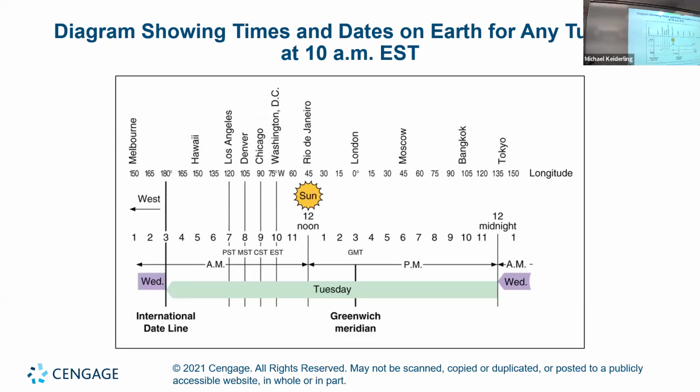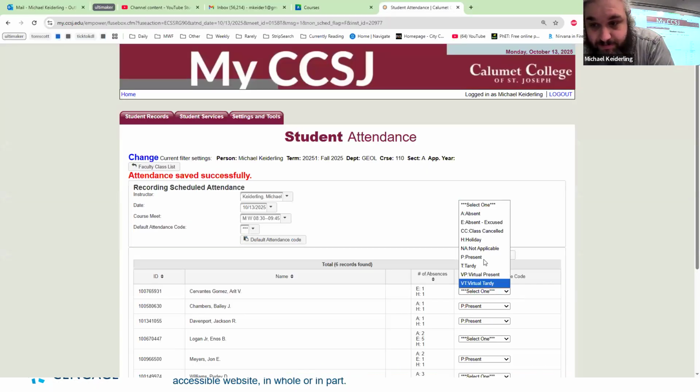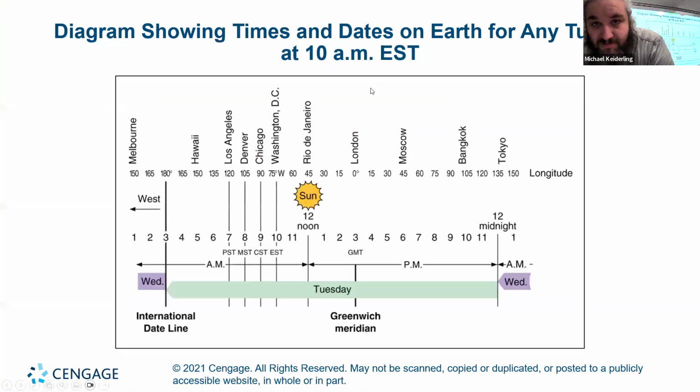So here is a diagram showing the times and dates on Earth for any Tuesday at 10 a.m. Eastern Standard Time. So if it's 10 a.m. Eastern Standard Time, here, it'd be 9 a.m. Central Standard Time.